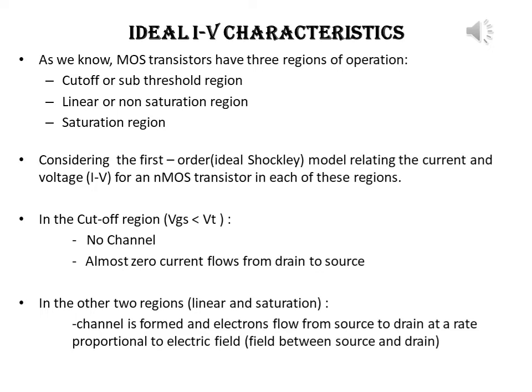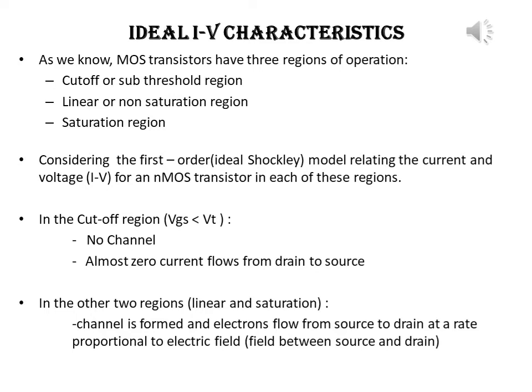In the cutoff region, where the gate to source voltage is less than the threshold voltage, there is no channel formed between source and the drain, so almost zero current flows from drain to source. In the other regions, the gate attracts carriers; as we have taken an NMOS transistor, the carriers are electrons.